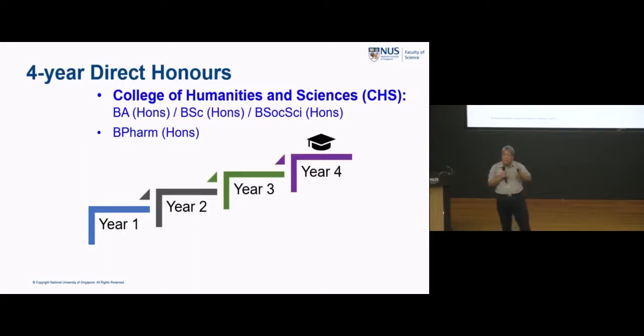In fact, more than 90% of our students will graduate within the 4 years. Some of you, however, will finish faster. Some, 3.5. Some may say, I want to take a little bit longer, 4.5. It is not a problem, okay?